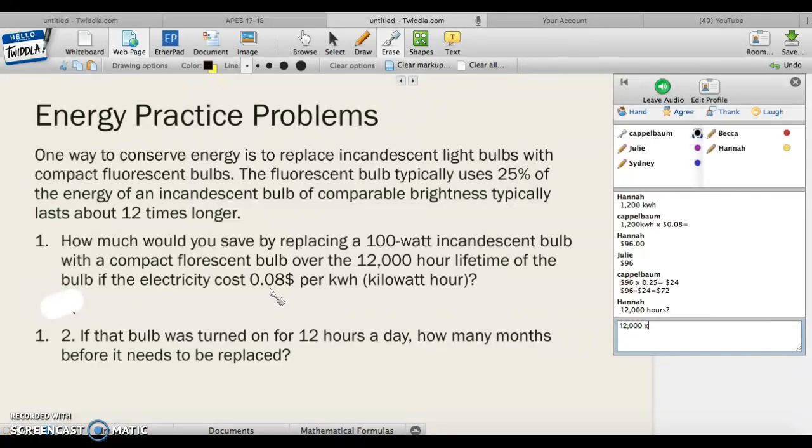And then in order to kind of move towards months, which is the value we want to obtain, we know that the bulb is on for 12 hours per 1 day. We also know that there's 24 hours in every day.